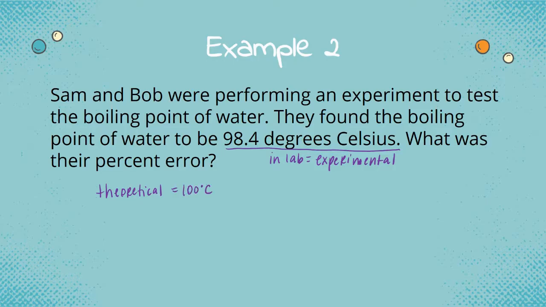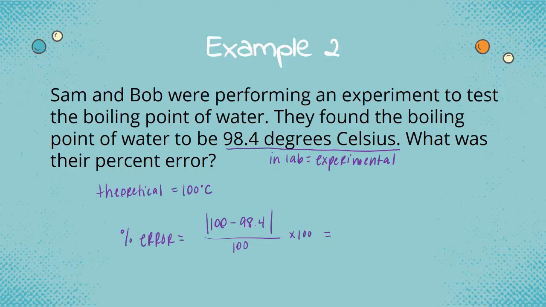You thought 212 degrees, that's in Fahrenheit. So we have both our numbers now. Let's plug them into the percent error equation. I'm going to take my theoretical 100 minus my experimental 98.4, take the absolute value of that, divide by 100, my theoretical, times 100, and then a little bit of math.